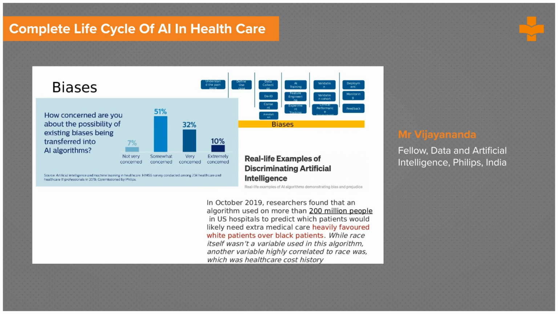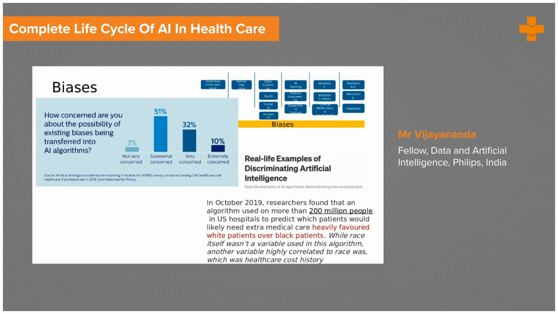Probably I don't have to explain the problems with bias. This is just one example where an algorithm was built that heavily favored white patients over black patients in US hospitals.